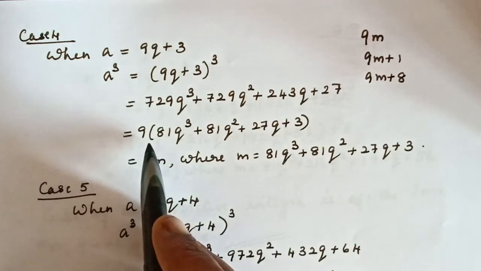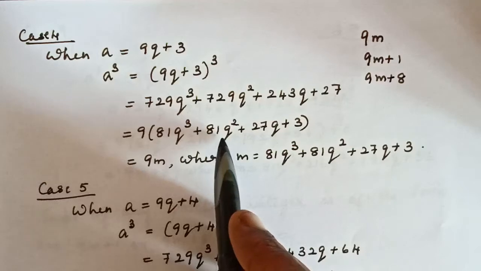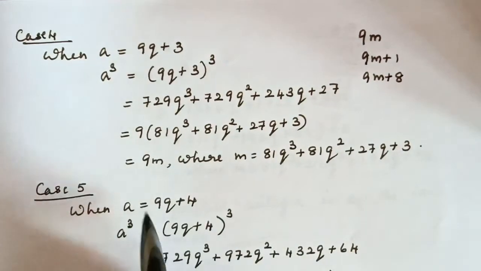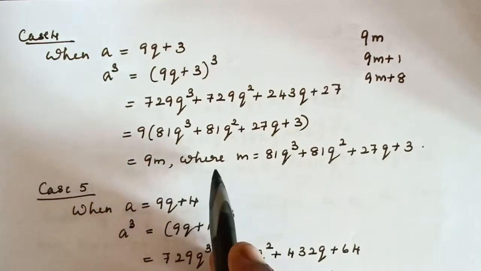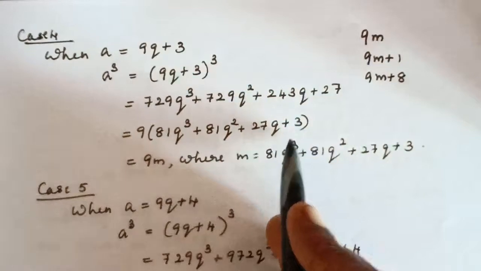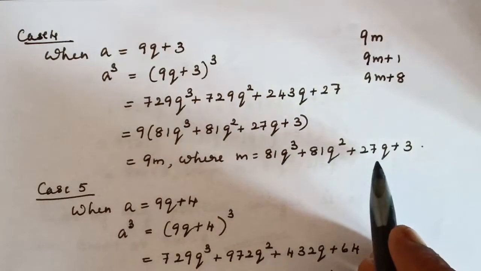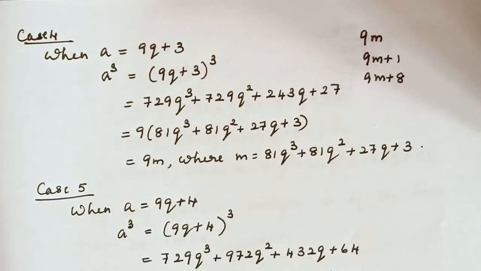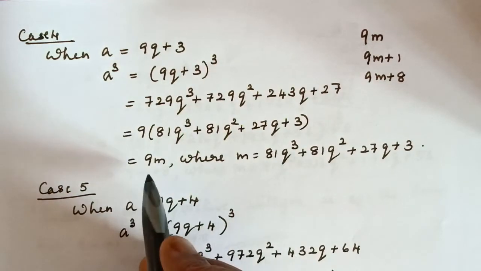If you take 9 as a common factor, it will be 9 into 81q cube plus 81q squared plus 27q plus 3, which can be written as 9m, where m is equal to whatever is inside the bracket, 81q cube plus 81q squared plus 27q plus 3. So case 4 is over. In case 4, we showed it as 9m.